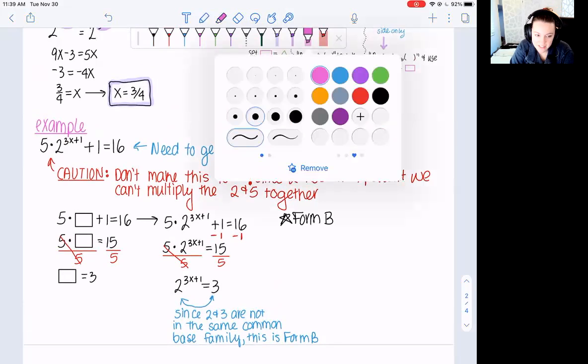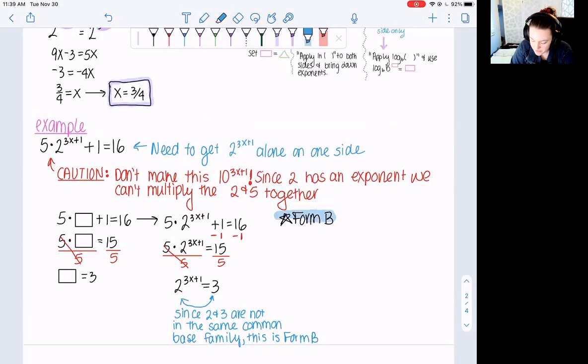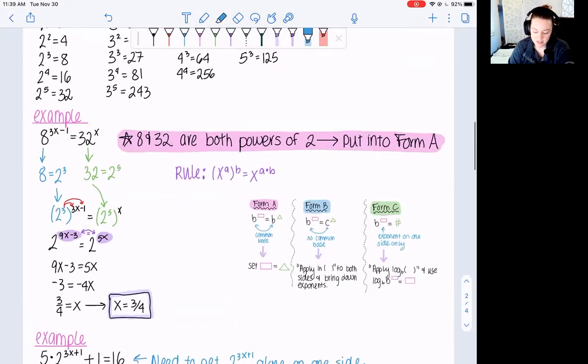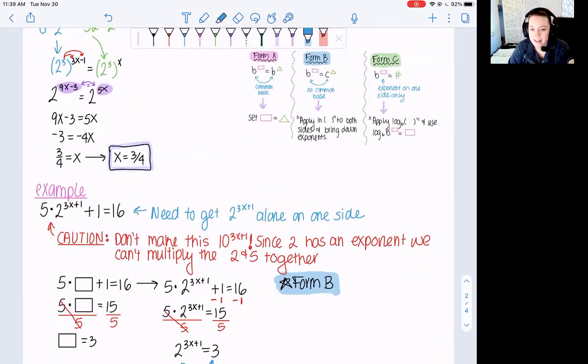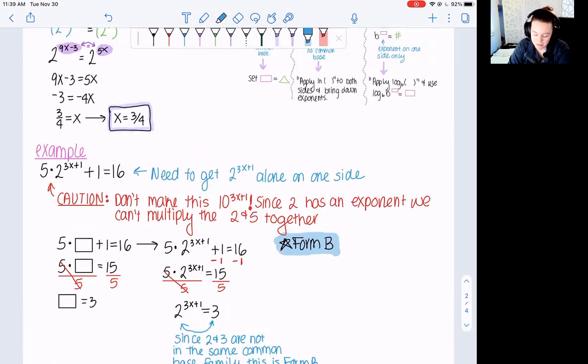Now, I am highlighting these, hoping that you are highlighting them too in your notes, so that when you look at your notes while doing the homework, you can just scroll and look for the blue highlighting to see where the Form B problems are.